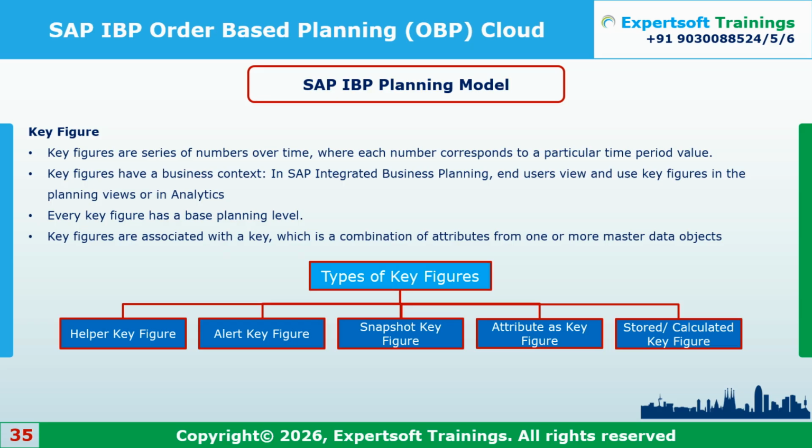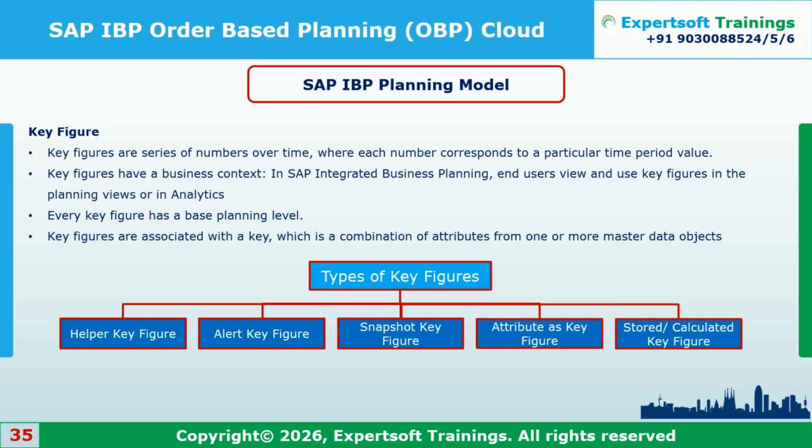The next is attribute as a key figure. When you want to use a specific attribute to define your key figure calculations, you convert that attribute to a key figure so that you can leverage it in your key figure calculations.